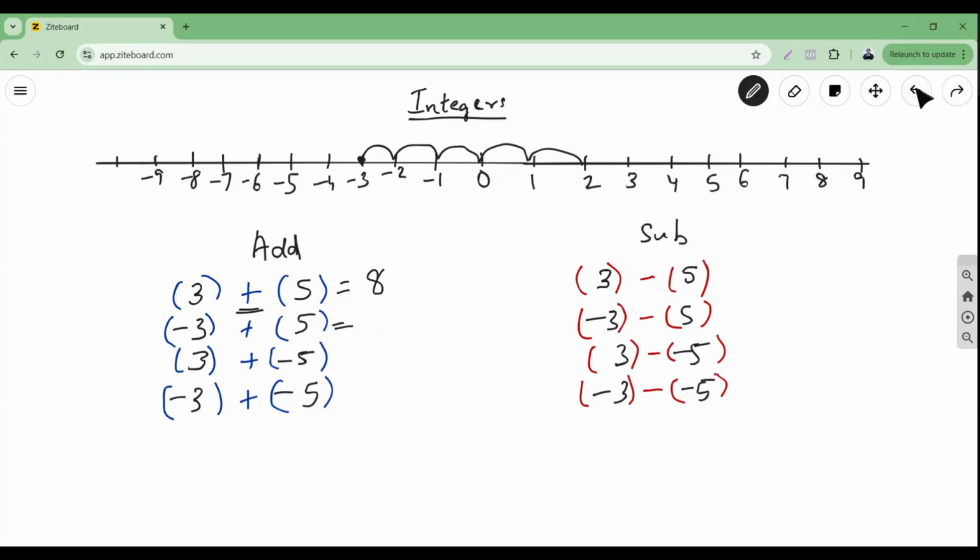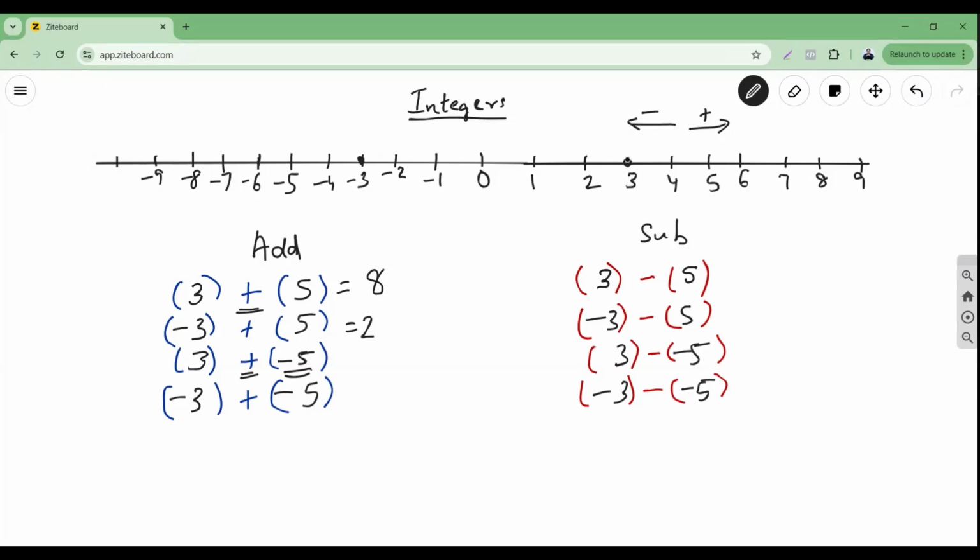Now, let's go to the next question. Starting from 3, plus means I have to go to the right side. However, here inside the bracket, it says a minus 5. Minus means I have to go to the left side.